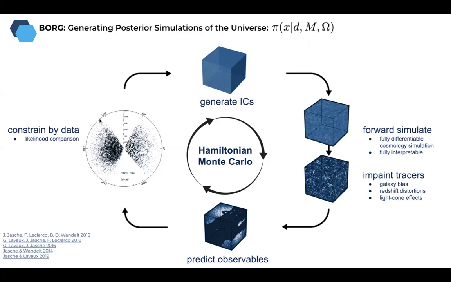The data mismatch through a likelihood evaluation is then used to update the initial conditions. This framework is iterated through a Hamiltonian Monte Carlo approach, a very efficient inference technique in high dimensional spaces. As a result, we obtain a posterior distribution of the three-dimensional initial conditions, which can reproduce our actual data, and cosmological parameters under the model that we are using here.